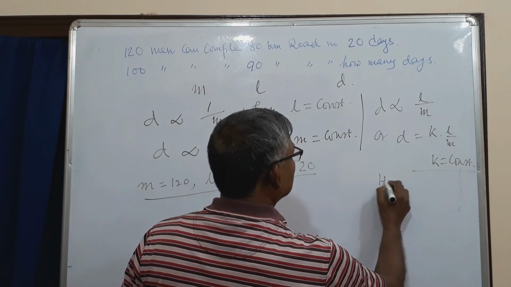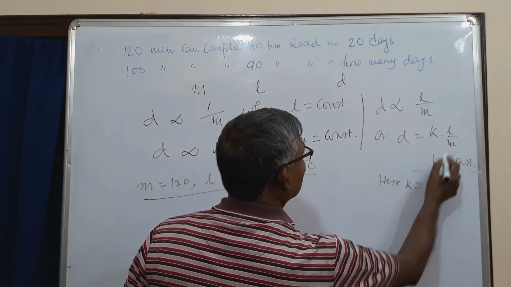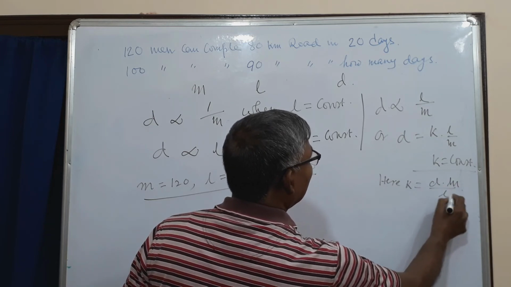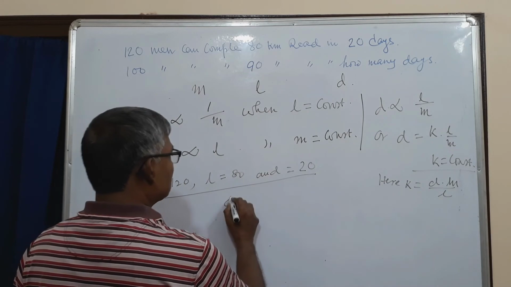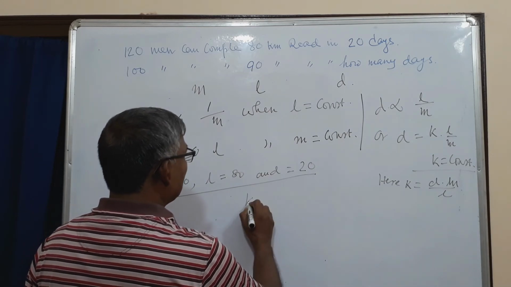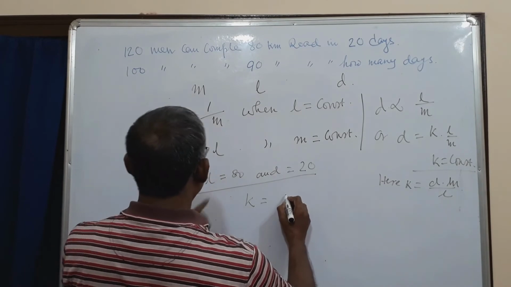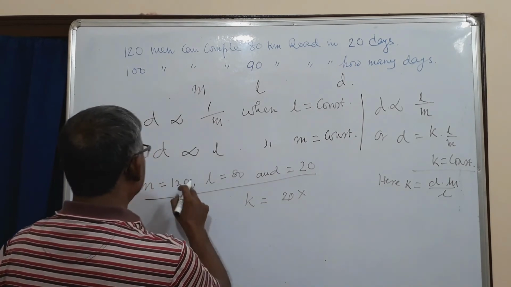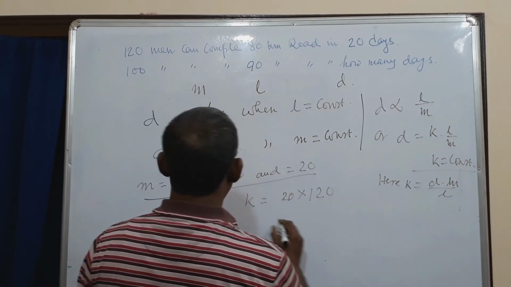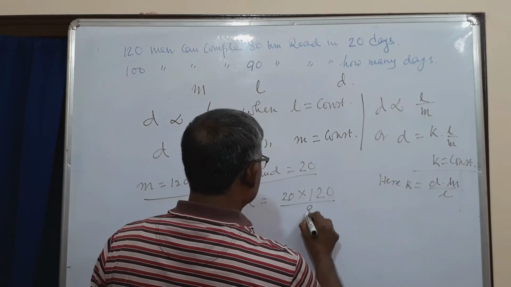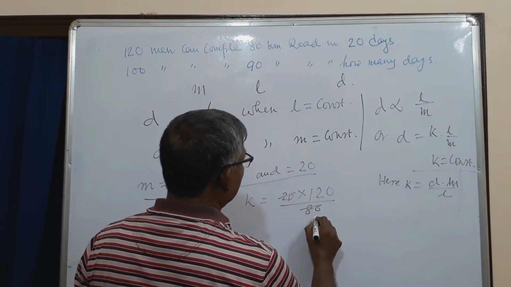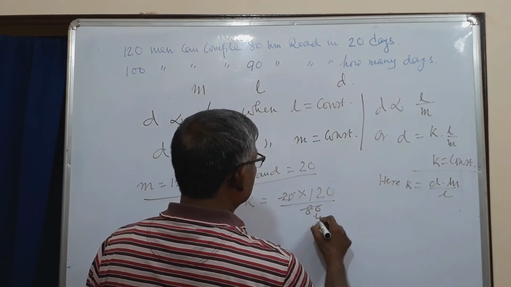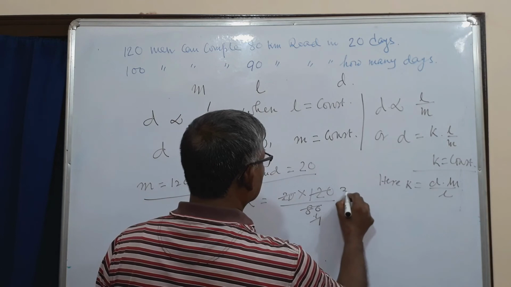Here k equals d into m by L. So k equals 20 into 120 by 80, that is 20 by 80 equals 1 by 4, and it is 30.